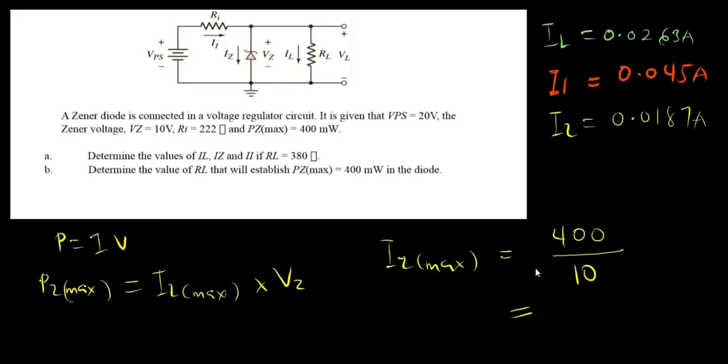So let's see what that would be. 400 divided by 10 gives me IZ max equal to 40 milliampere.